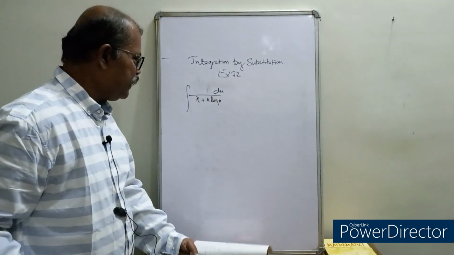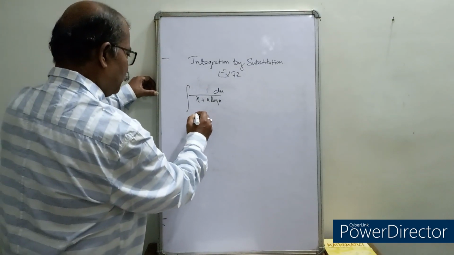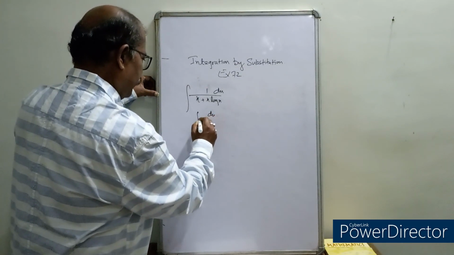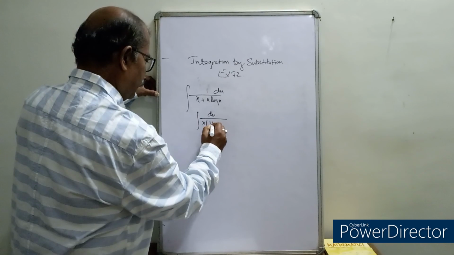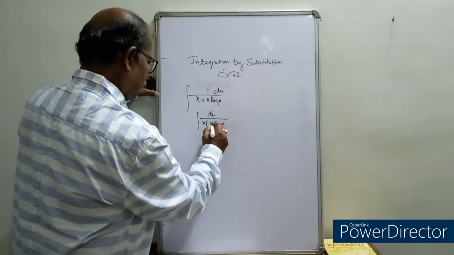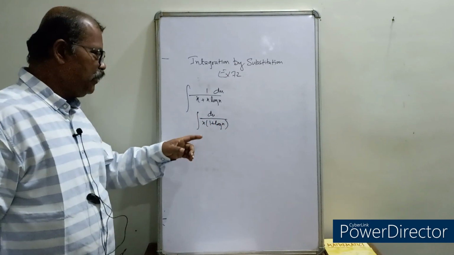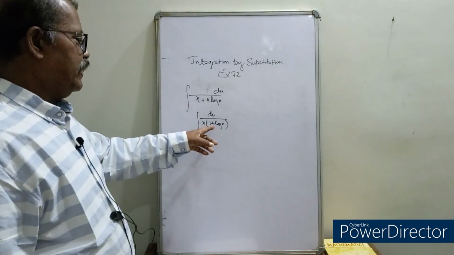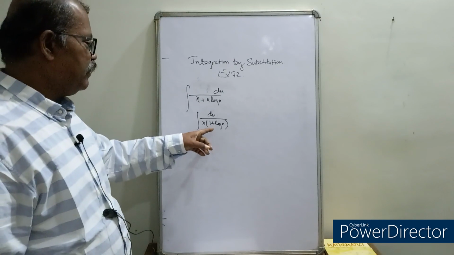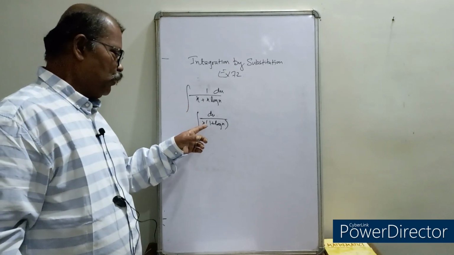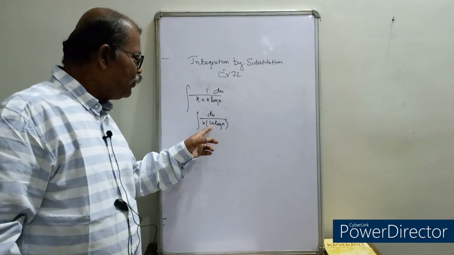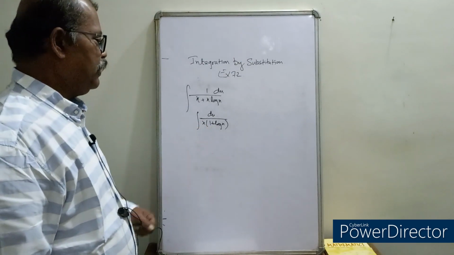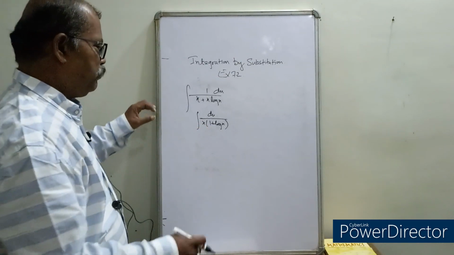What I am going to do here is take x common, so it becomes dx by x times (1 plus log x). Again, if I suppose log x and differentiate it, I will get 1 by x. Because the differentiation of any constant is 0, it is better to take the 1 together.